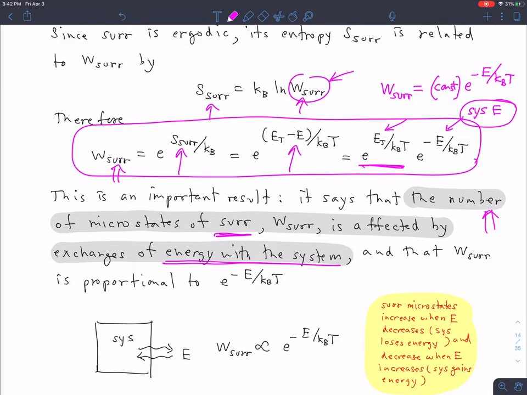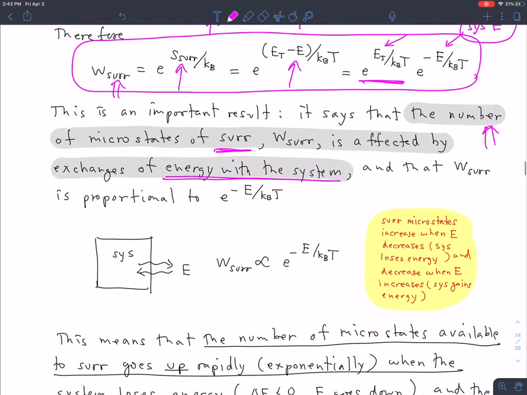When the system exchanges energy with the surroundings, it either causes the surroundings to gain microstates or causes them to lose microstates. When the system absorbs energy from the surroundings, reducing the energy of the surroundings, it lowers the number of microstates available to the surroundings. And when the system loses energy to the surroundings, raising the energy of the surroundings, then it causes the number of microstates in the surroundings to increase.